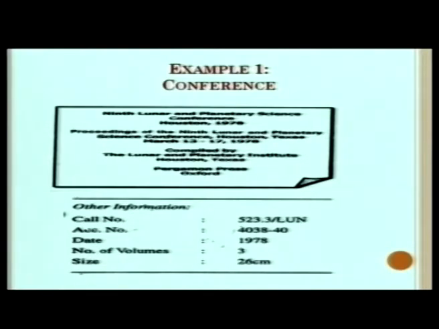With all these particulars we have to prepare the main entry based on AACR2R. As I have been telling you, and as we saw in the previous part, while preparing the main entry or added entries, we have to always keep in mind the 8 areas of description according to AACR2 revised edition.